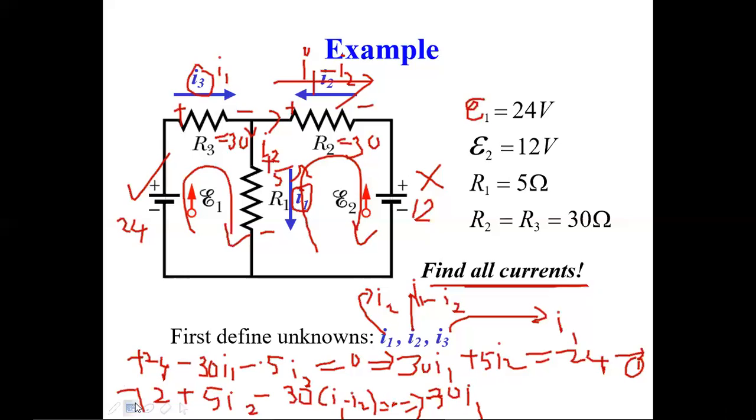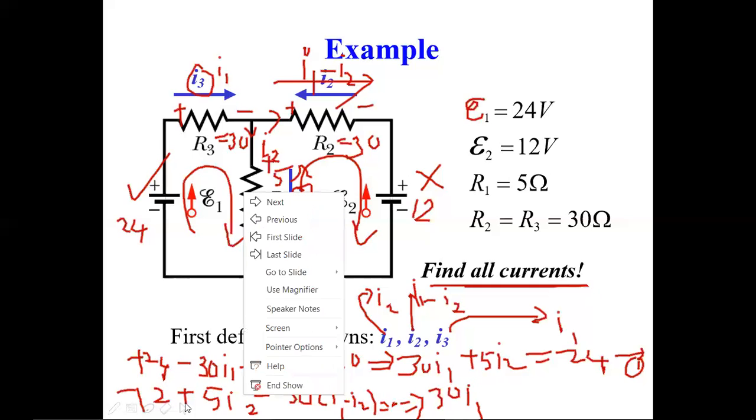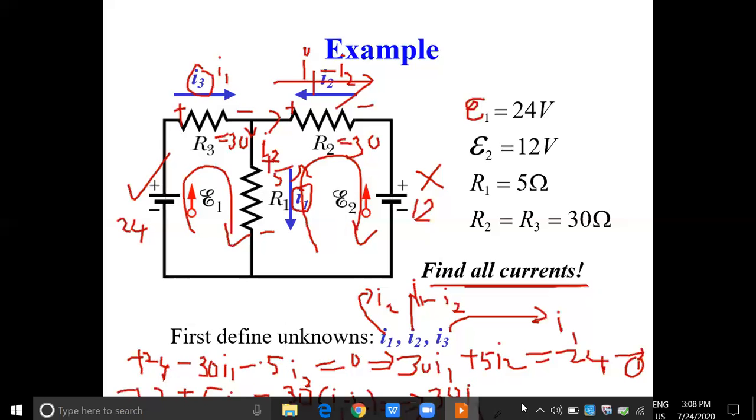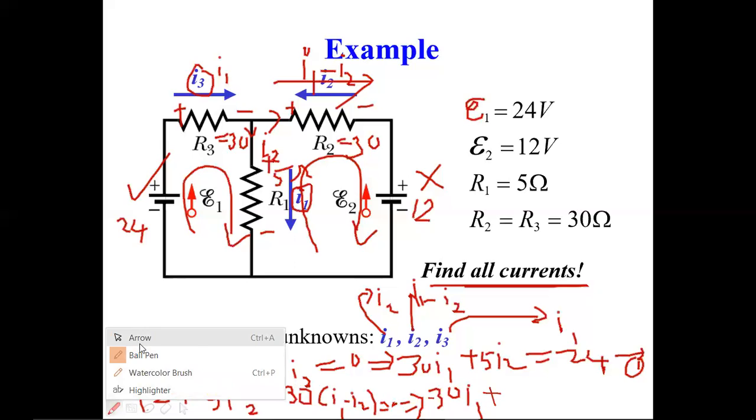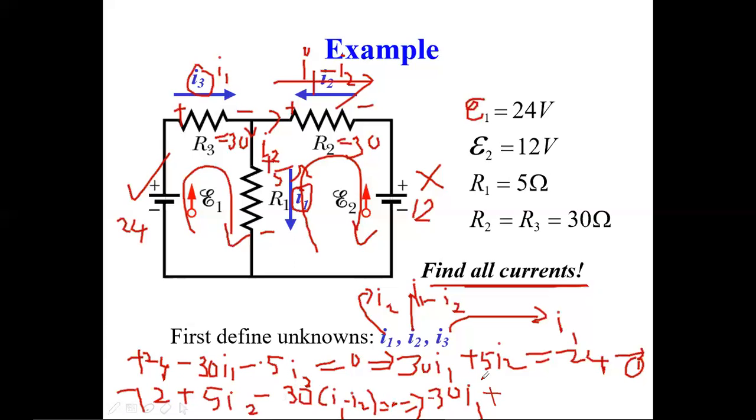Let me erase this. So here, minus 30 I1 plus 35 I2 is equal to 12.